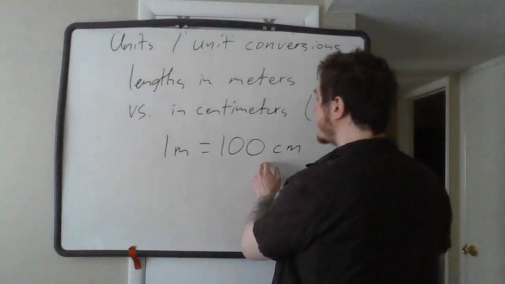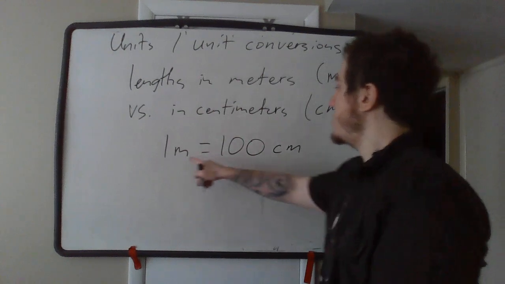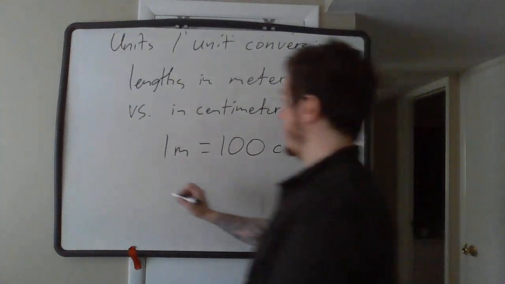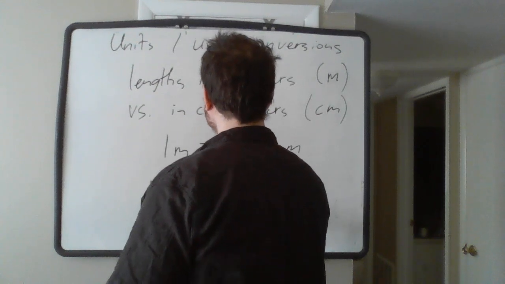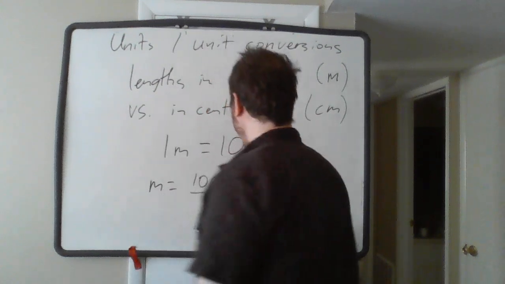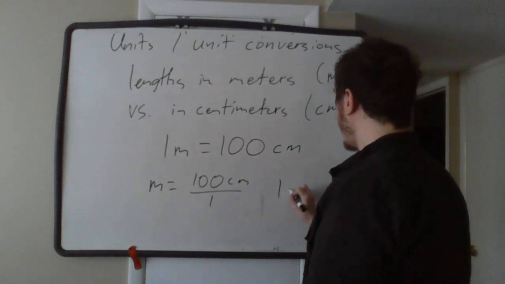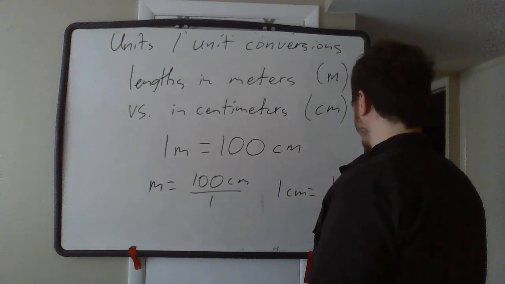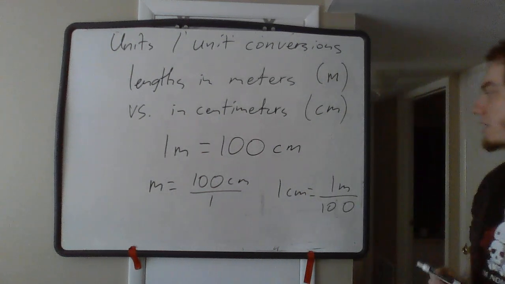Now, from this relationship, we can say that the unit meters is equal to 100 centimeters divided by 1, or we can say that 1 centimeter is equal to 1 meter divided by 100.